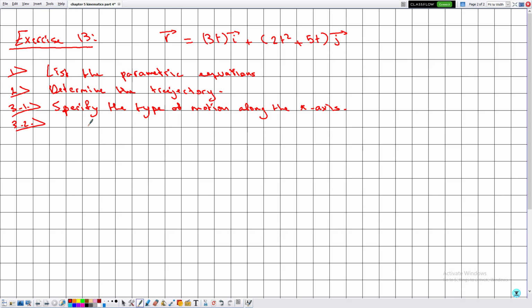Then, for example, 3.2, list the equations of motion.